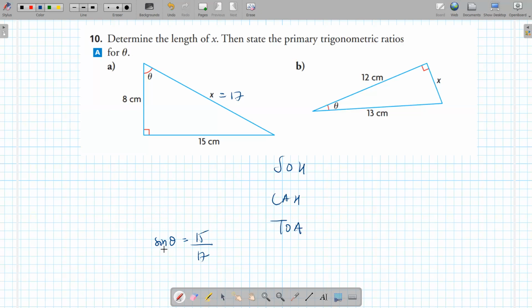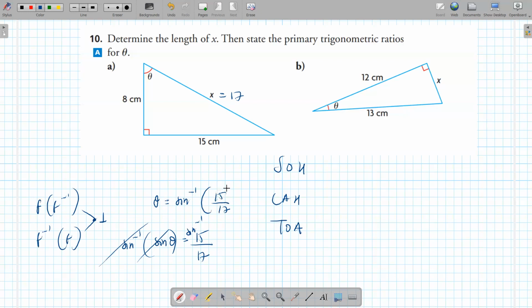So you need to get rid of the sine, right? What you do is you take the sine inverse on both sides. What this essentially does is the inverse and the sine cancel each other out because they're inverse functions of one another. F of F inverse or F inverse of F is 1. They cancel each other out. And then the only thing you're left with is theta. So theta would be sine inverse of 15 divided by 17. That's how you can find that angle up there.